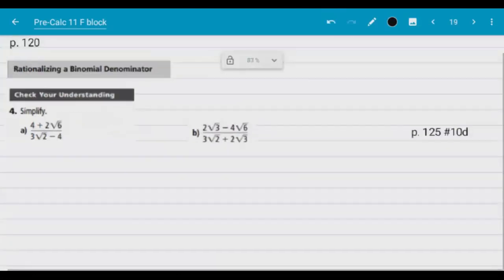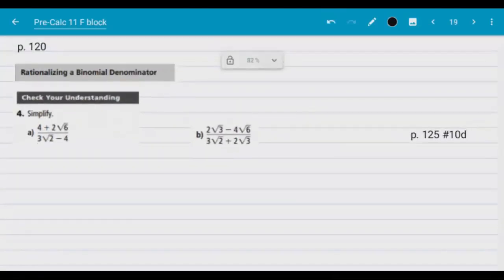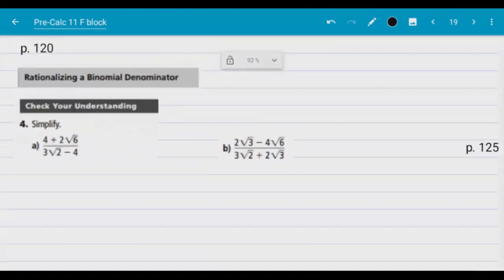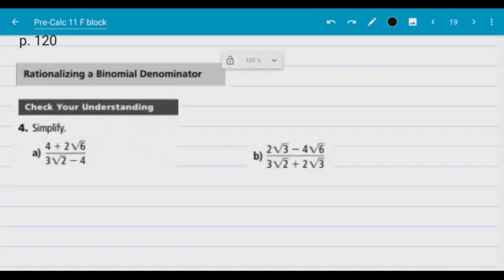All right, so here, simplify this first one. So as you look at this one, to solve this using the conjugate would be to multiply this by another fraction that would have the conjugate of that denominator for the top and the bottom.